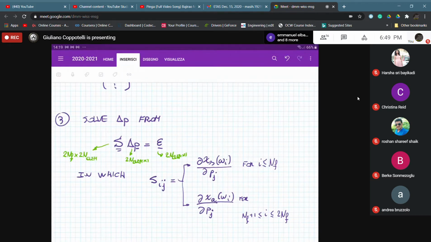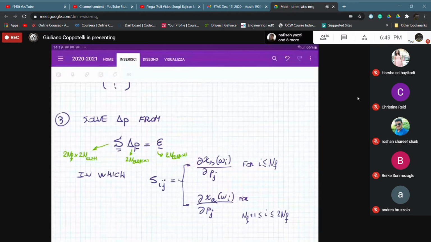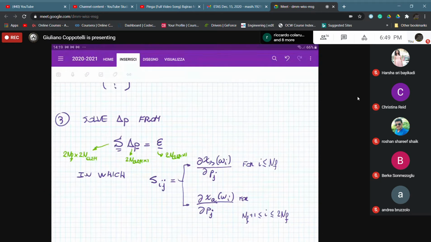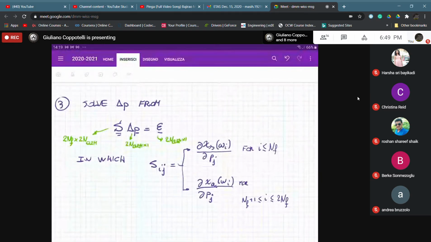What we can say is that the elements ij of the sensitivity matrix, that is the name of the S matrix, are the ones that are given there. And of course, because we have two correlation functions, that is chi-s and chi-a, we have to consider that the rows could be different according to the row index, as I wrote here.